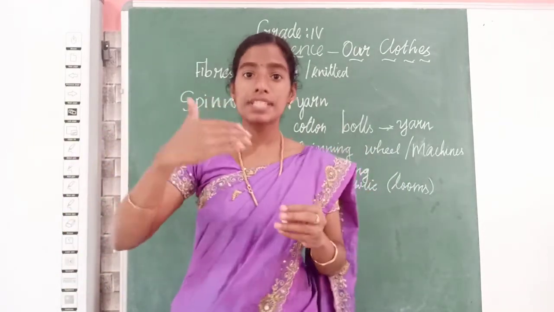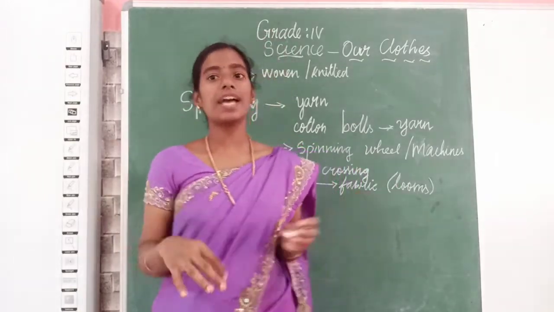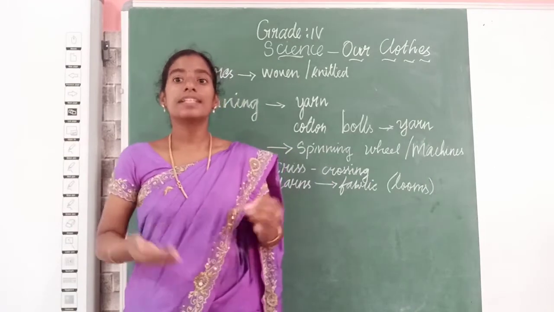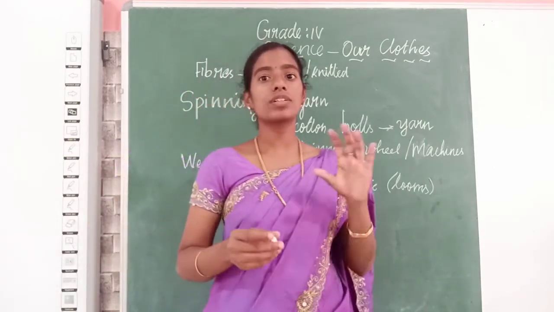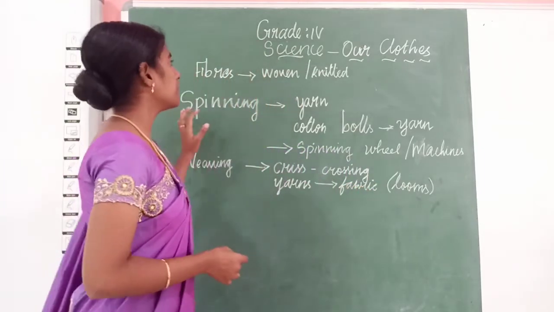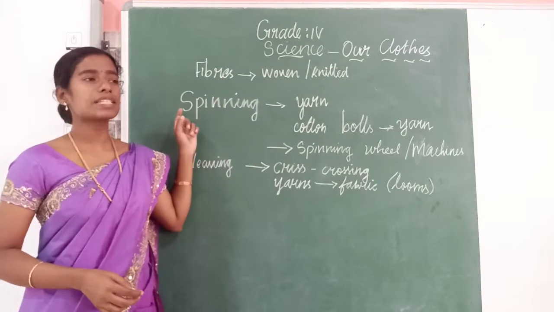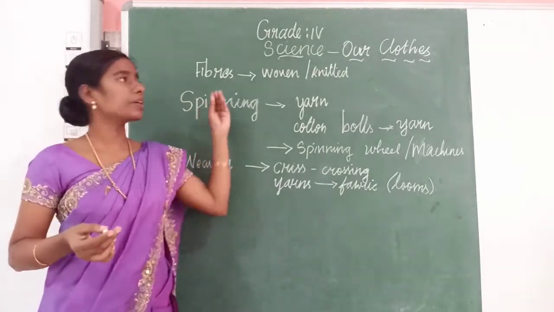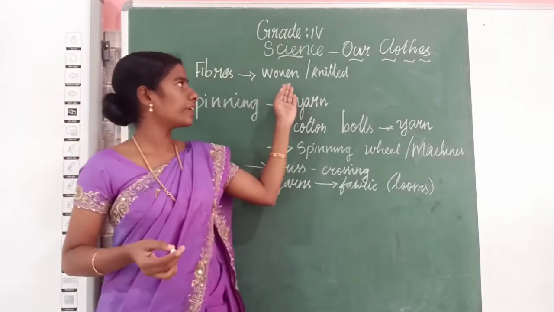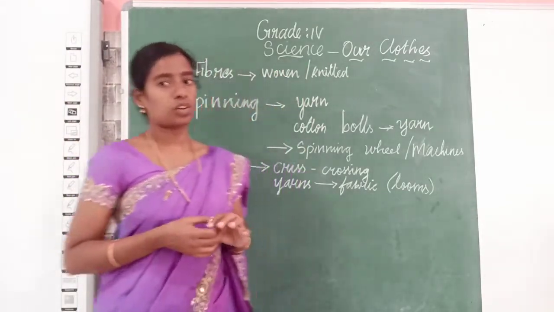It takes 3 or 4 processes before we get a shirt or saree or any dress. You are going to learn what the processes are. We will be having the fiber. Fiber is cotton, wool or something. This fiber is woven or knitted to form the cloths.